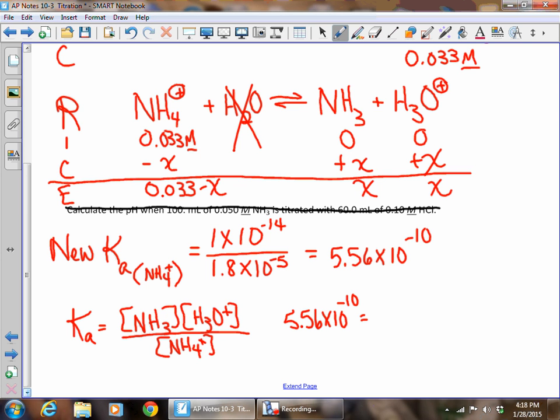And that's going to be equal to x times x for the NH3 and the H3O plus, or x squared, divided by the NH4 plus concentration, which is 0.033 minus x. And remember, we can neglect x, which is going to leave this approximately equal to x squared over 0.033.